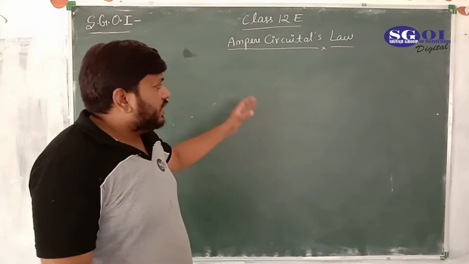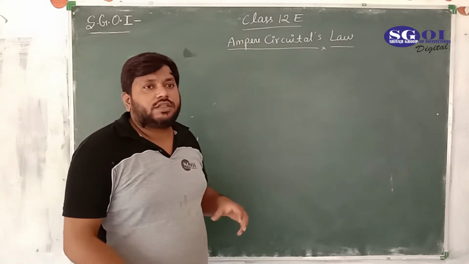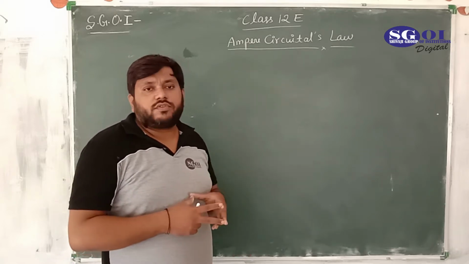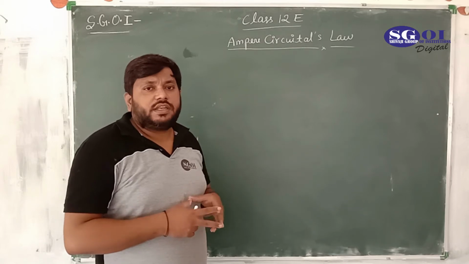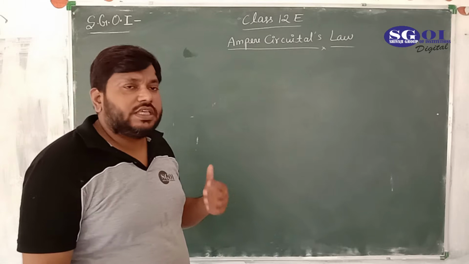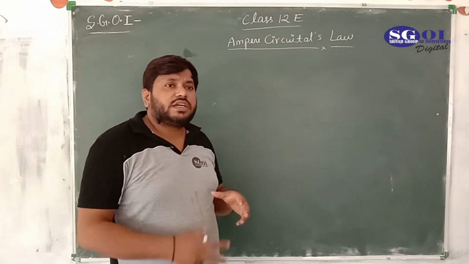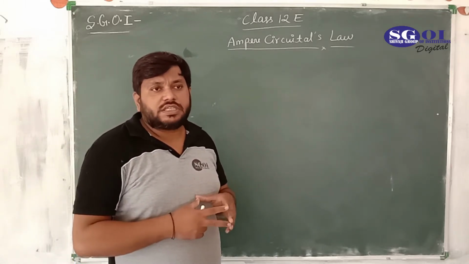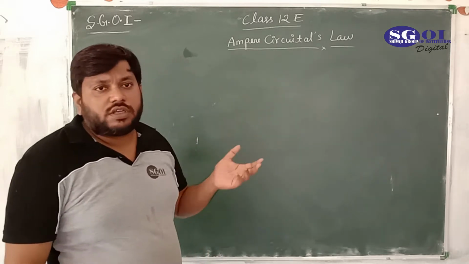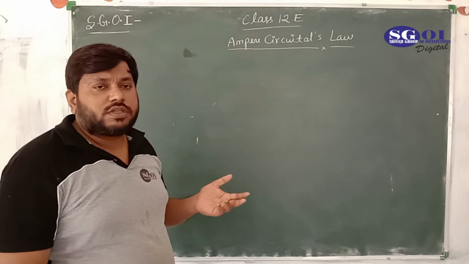As we have studied in electrostatics, the main purpose of Gauss law is that with its help we can find the electric field intensity easily where the symmetry of the charges and of the field is present, and we can use Gauss law instead of Coulomb's law.